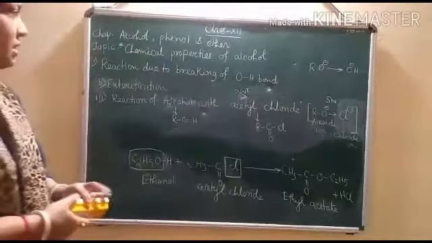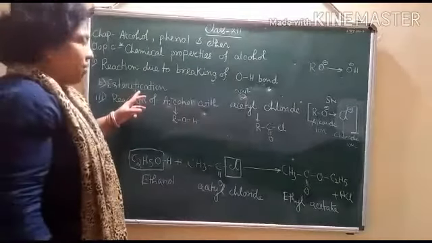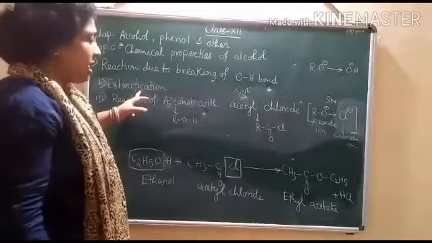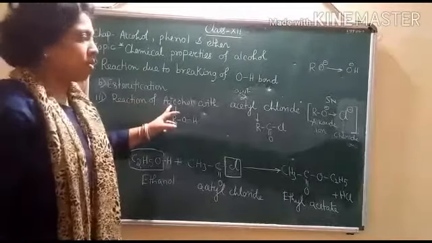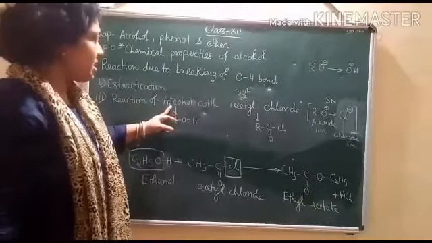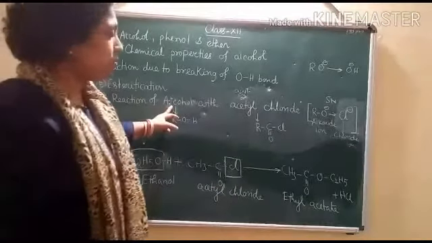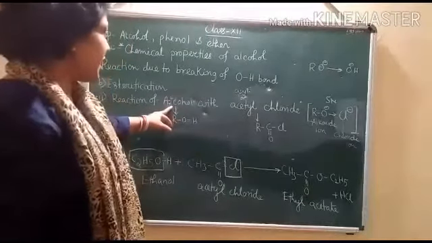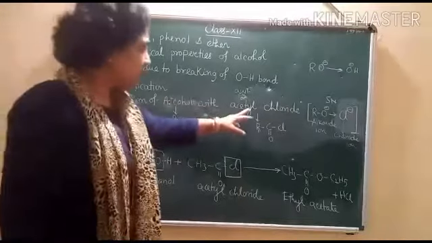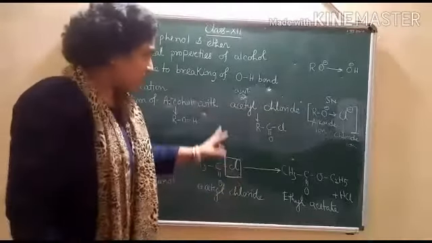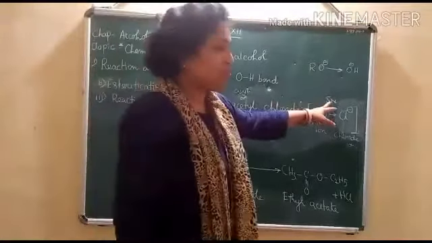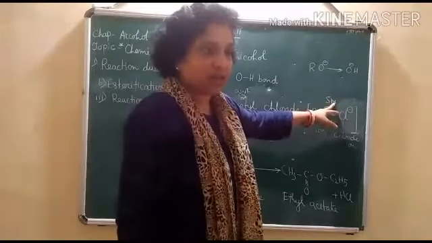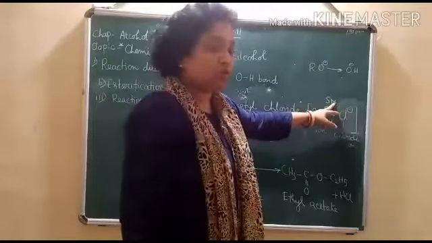So these are the three types of reaction where esters are formed. The first reaction is alcohol with carboxylic acid. The second one is alcohol with acetic anhydride, and the third one is alcohol with acetyl chloride. The main thing you have to understand is which nucleophilic substitution is taking place between which two groups.